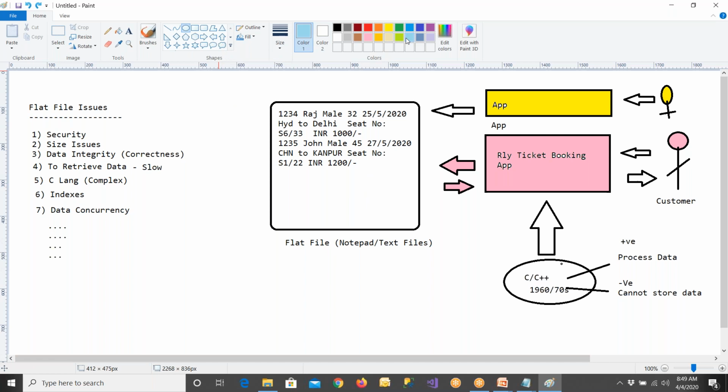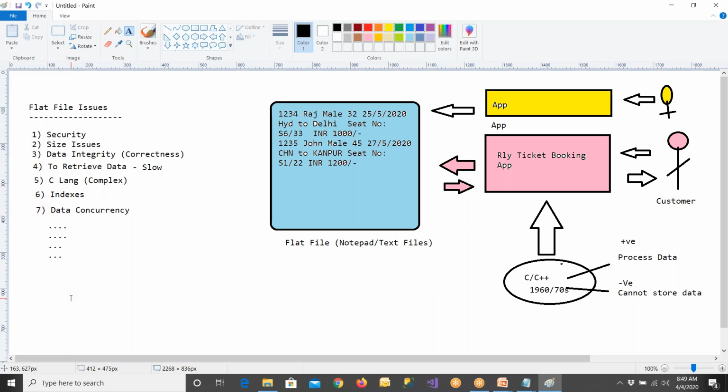Storing the data in a flat file is not a very good thing to do. So we need to invent proper software or tools to store the data. So these are the issues that got created.